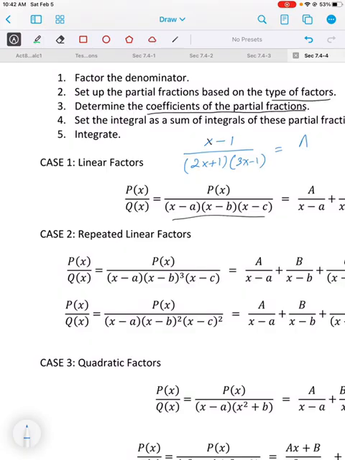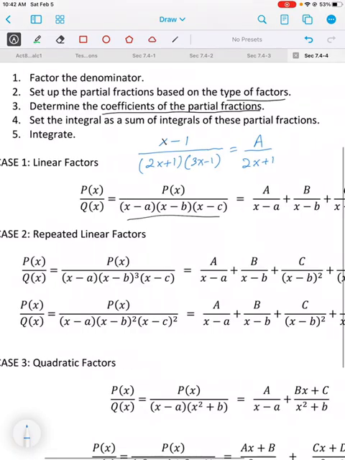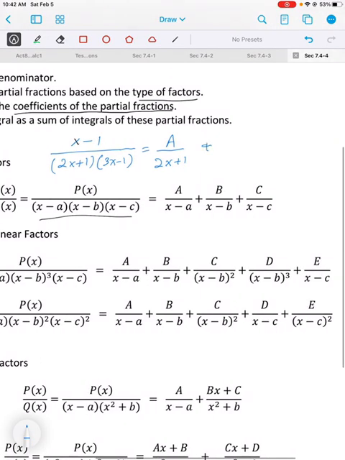Then again, because the denominators are still linear factors, you will write it as this plus that. And then if there are three factors, then you will write it like this, and then if there are more, you will keep on adding.